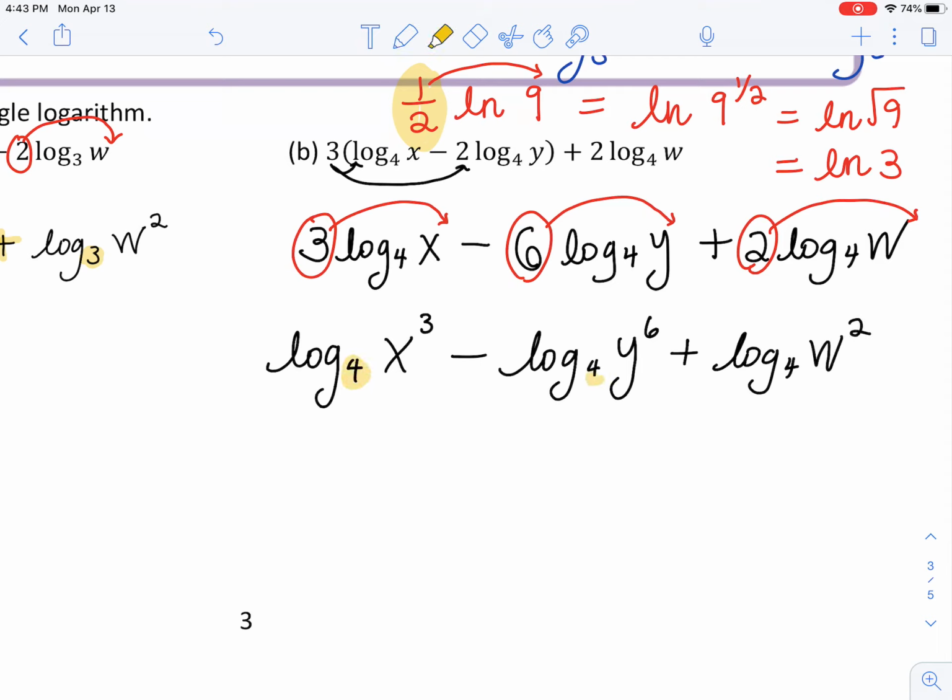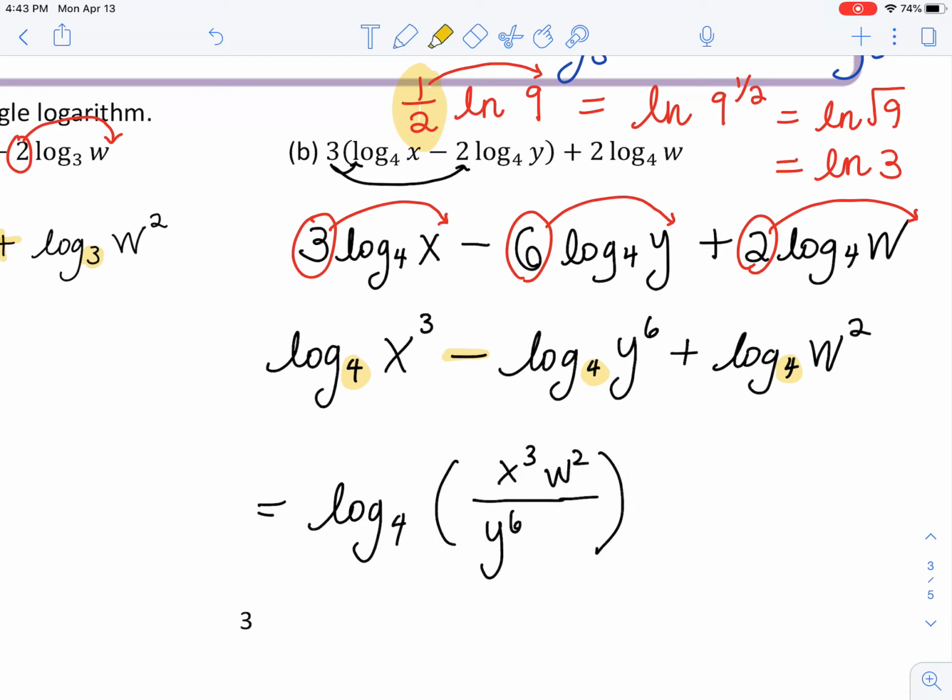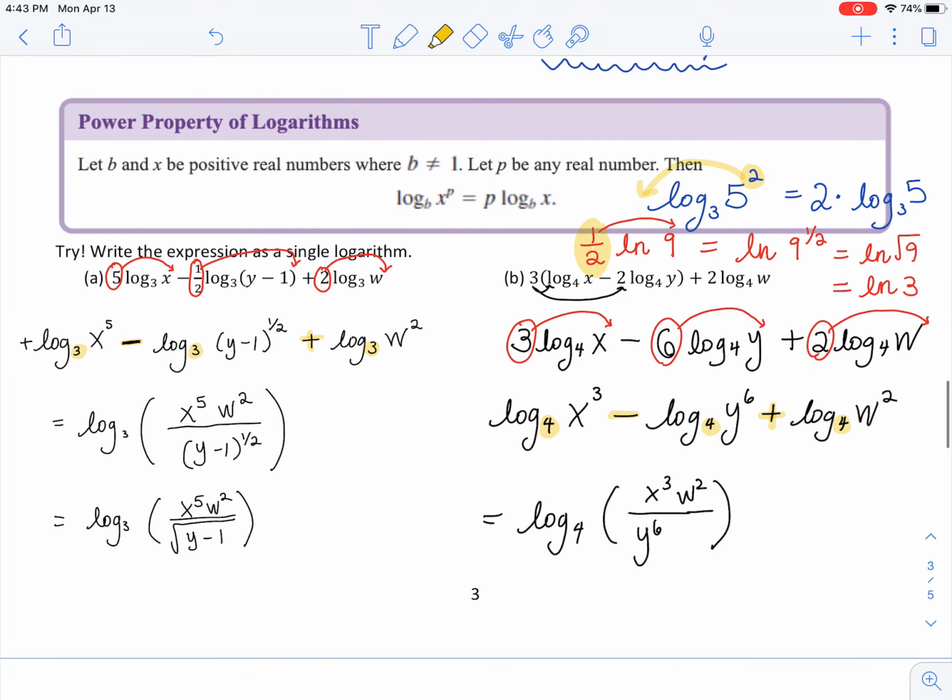Okay, now as I was writing it, I checked it. They all have base 4. So that means we're allowed to put them as a single logarithm with base 4. All right, notice we have a minus sign right there. So we're going to have a fraction. X cubed will stay on top, but we're going to send y to the sixth power to the bottom. And this w squared will be on the numerator because we're adding. That's going to be multiplying. So that's it. Nothing else to simplify there.